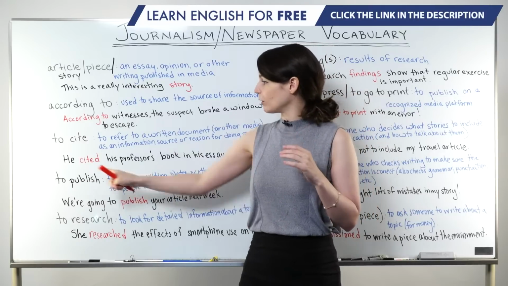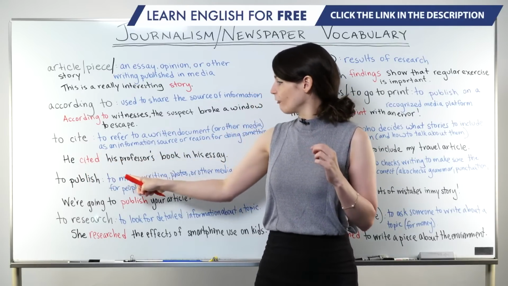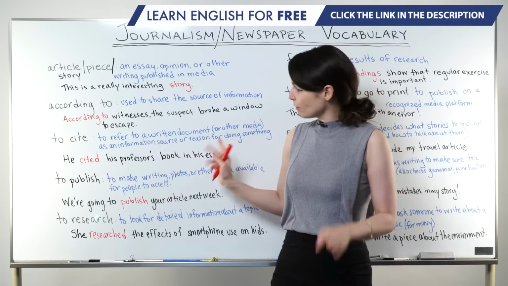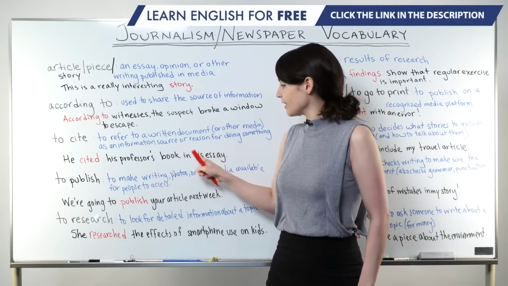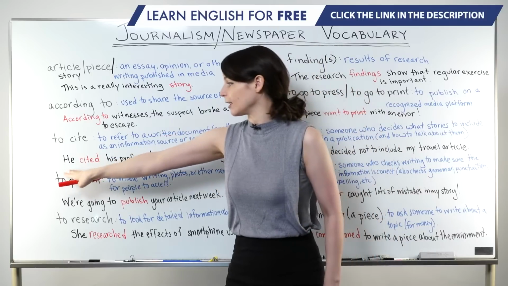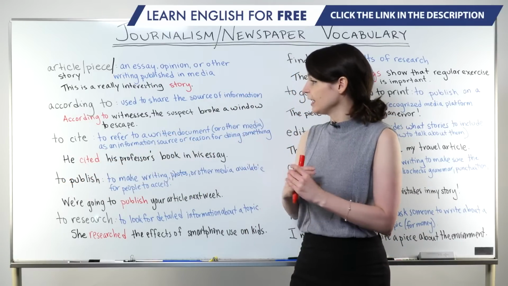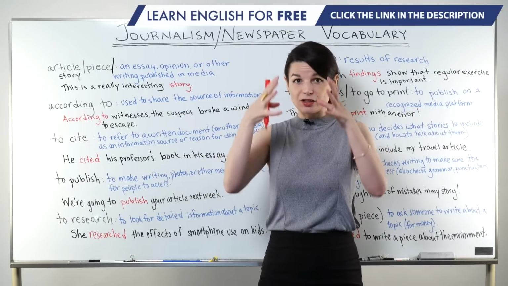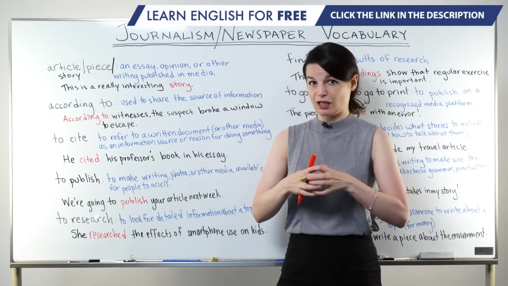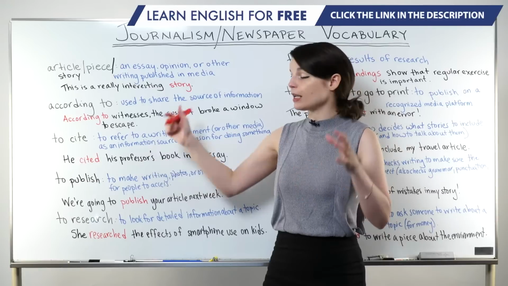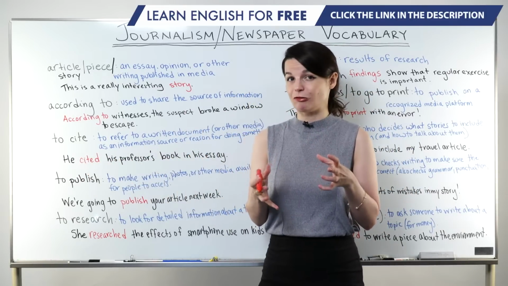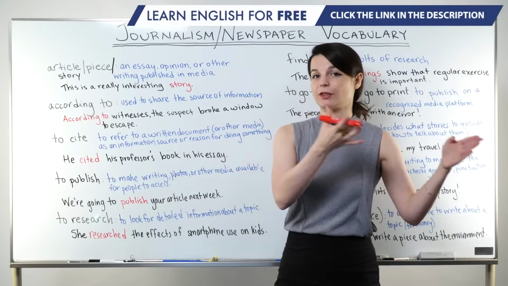So, for example, he cited his professor's book in his essay. So that means in his essay, he included his professor's book as a source of information. So that means this was a key place that this writer got his information from. He cited his professor's book.